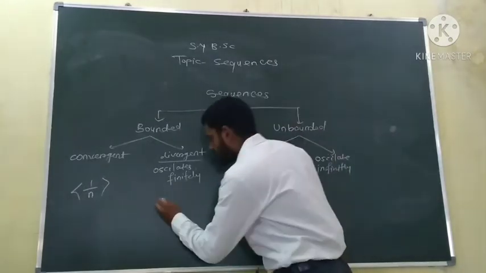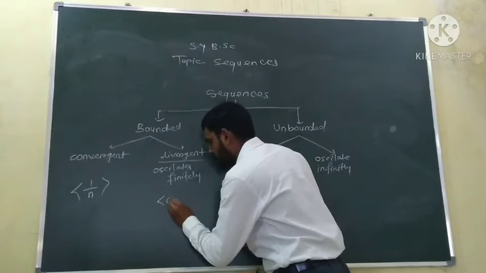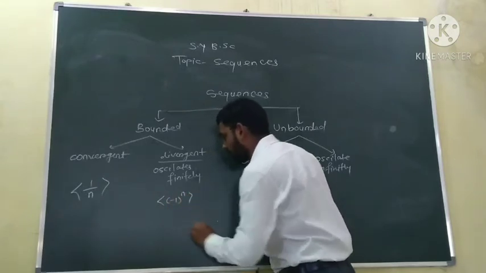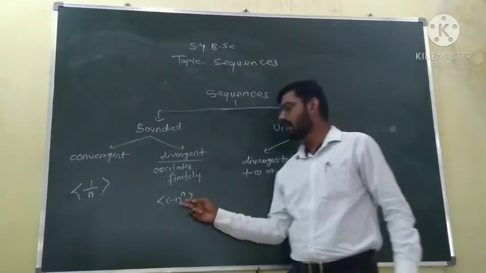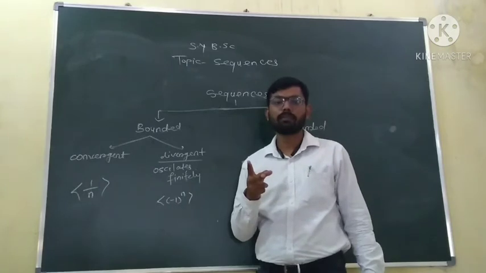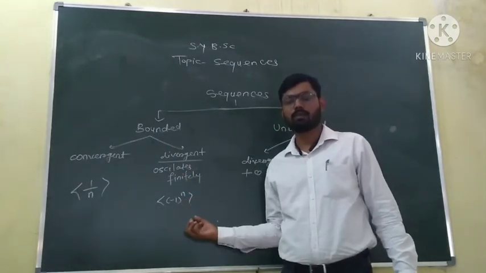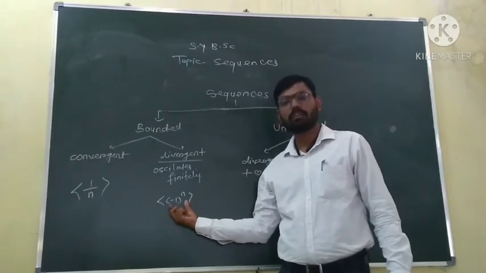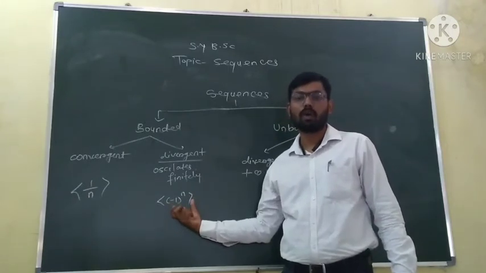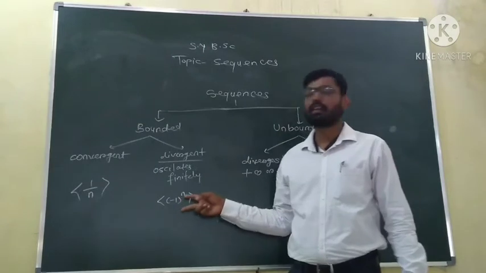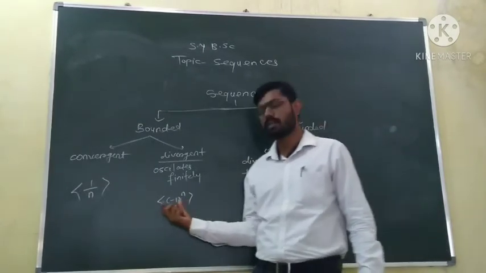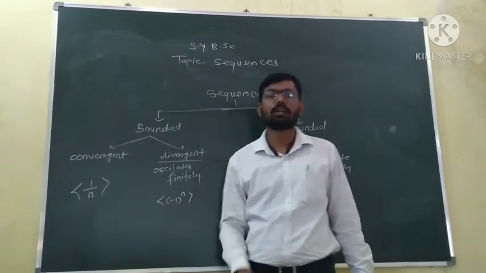Now we have seen another example, the sequence (-1) raised to power n. This sequence has the elements plus or minus 1. This sequence is also bounded, with upper bound 1 and lower bound -1. The sequence is bounded but not convergent. Why? Because if we take two different subsequences of the sequence, we get two different limits.